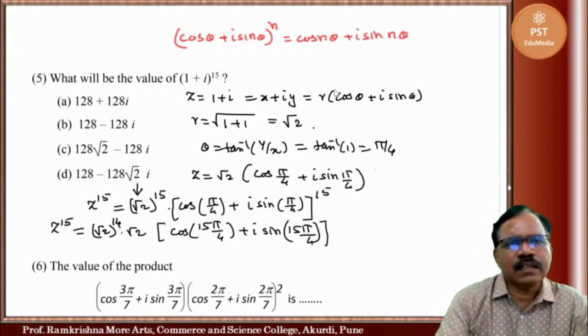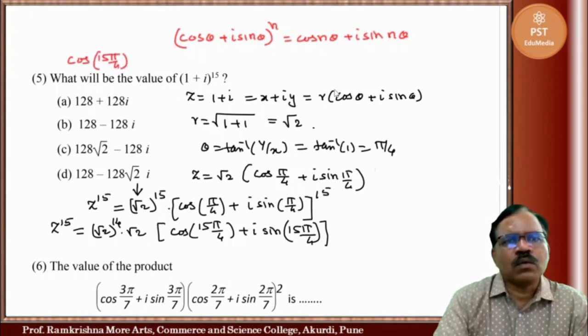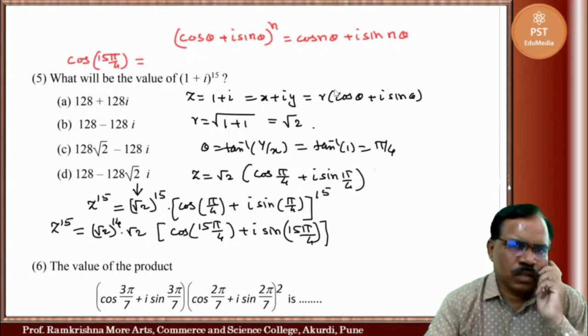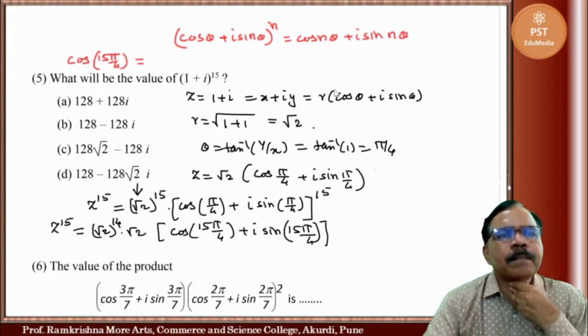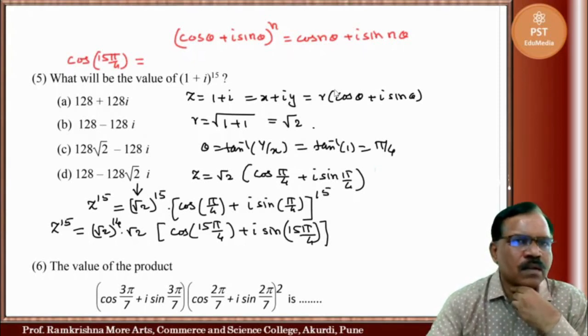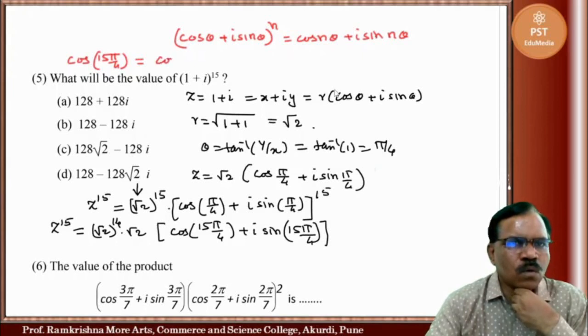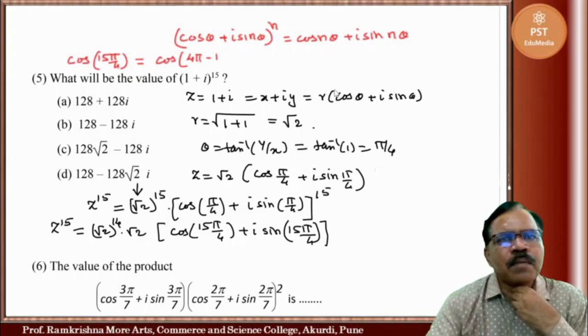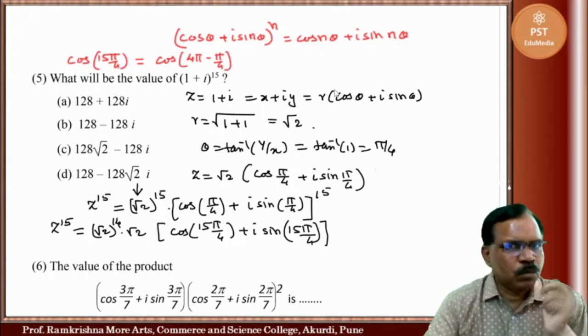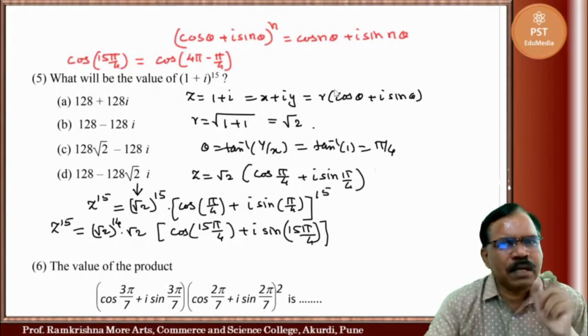Now let us take this cos 15 pi by 4. I can write this as cos of 4 pi minus pi by 4. So 4 pi minus pi by 4 is 15 pi by 4.